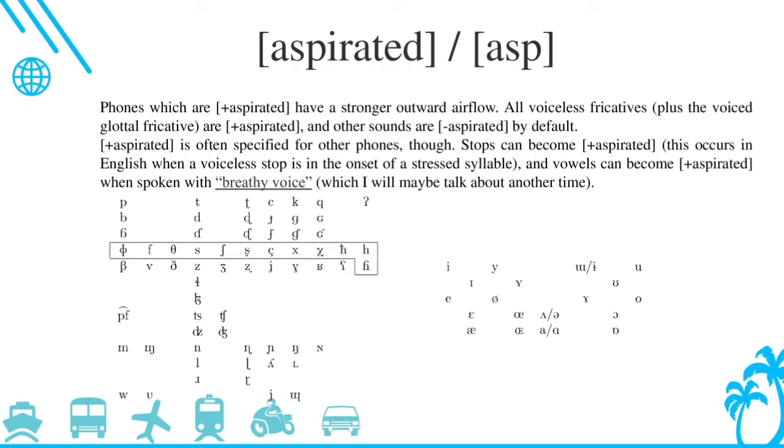Plus aspirated is often specified for other phones, though stops can become aspirated. This occurs in English when a voiceless stop is in the onset of a stressed syllable, and vowels can become plus aspirated when spoken with breathy voice.